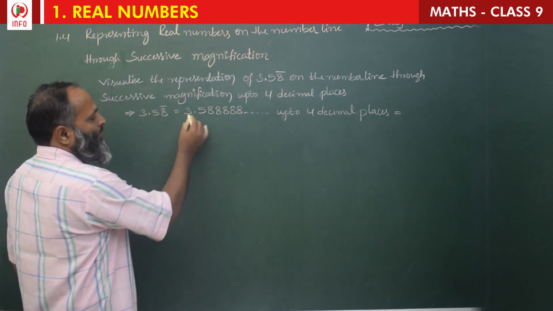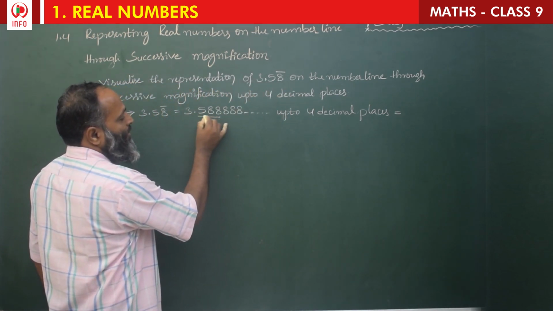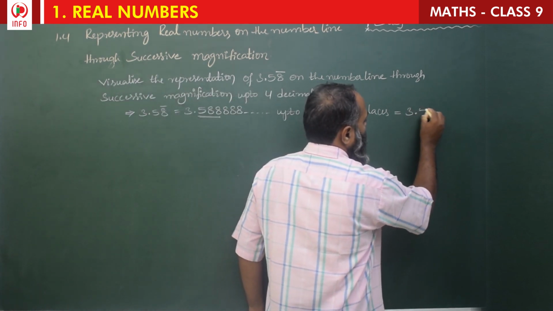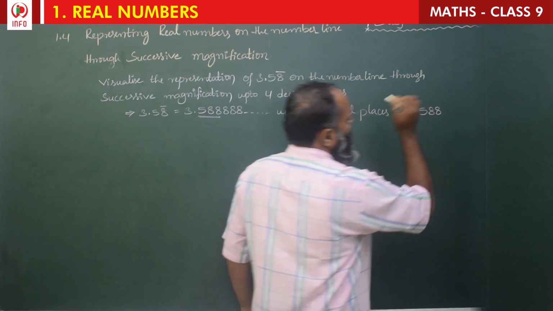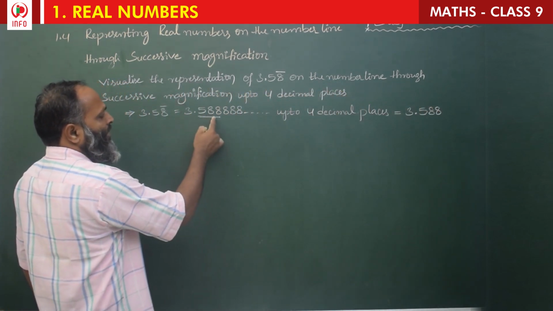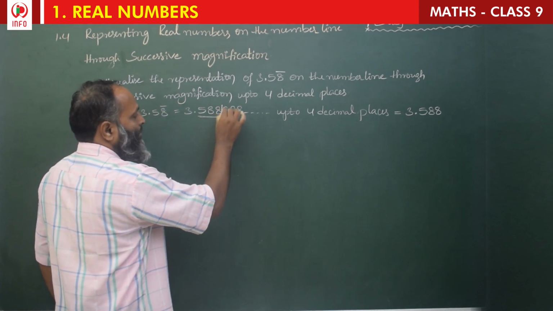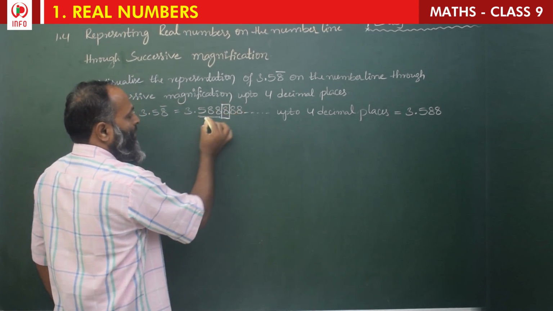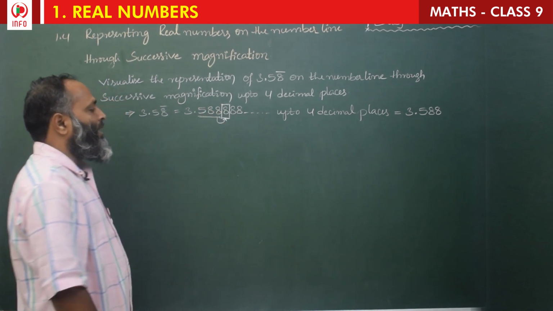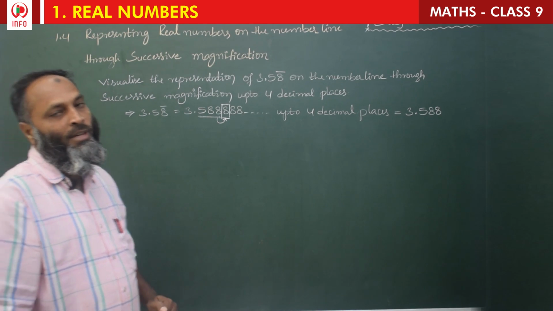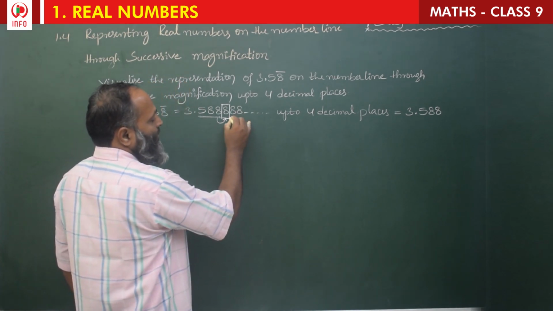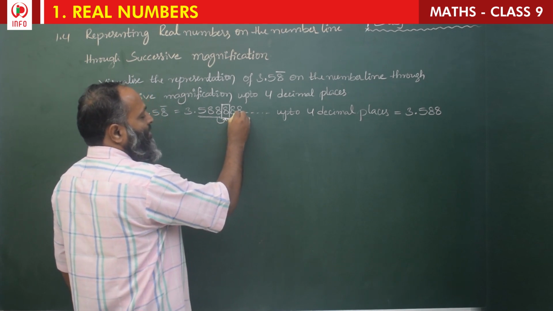So up to 3 decimal places we should take as it is, that is 3.588. This is our 4th decimal place: after the decimal, 1, 2, 3, this is the 4th decimal, which is 8. So for the 4th decimal, we should check what the 5th decimal is.